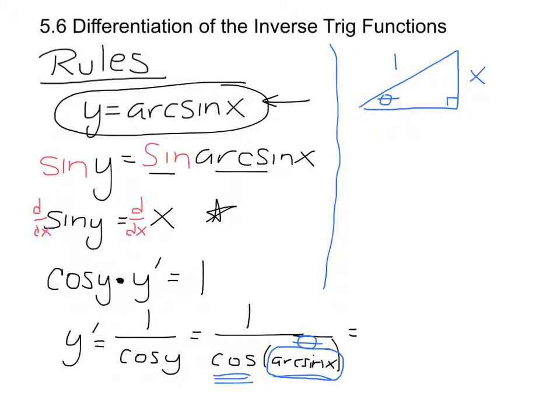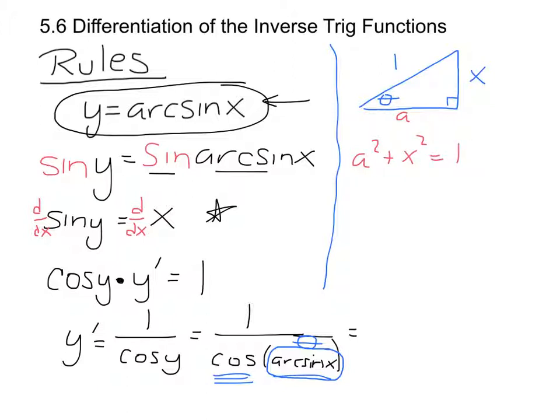Well, cosine is adjacent over hypotenuse. What's the adjacent side? Well, I don't know it, but it is a right triangle. I know two of the sides. And so if I do Pythagorean theorem, a squared plus b squared equals c squared, I'll just call this a for now. A squared plus x squared equals 1 squared, or 1 squared is just 1.